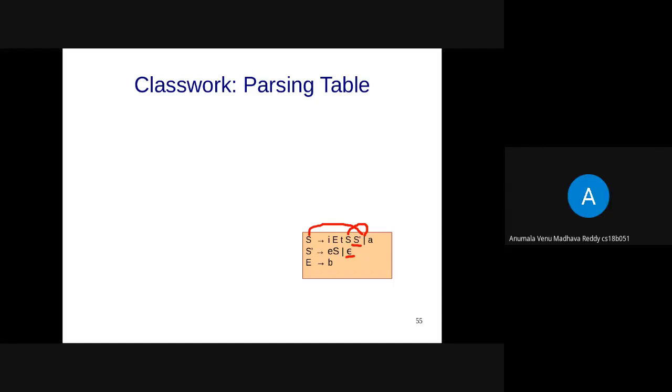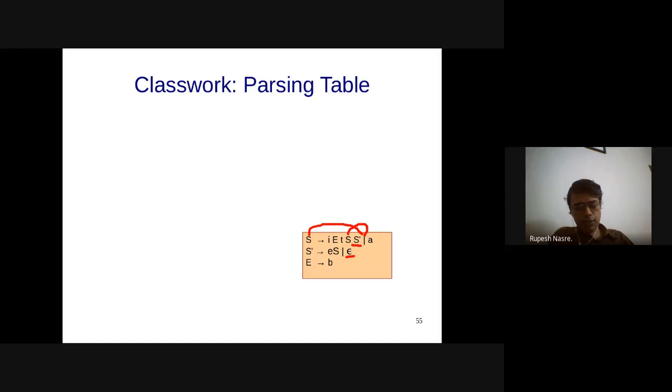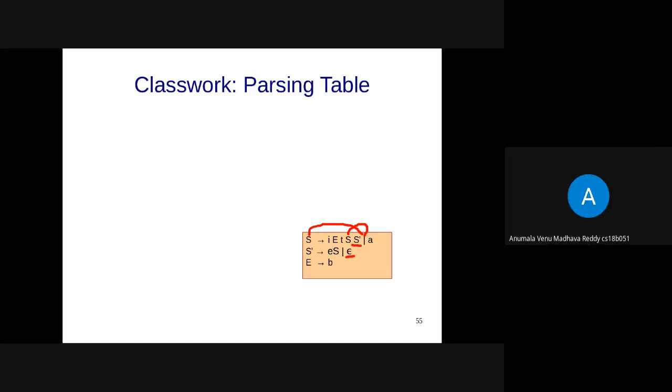Sir, because we saw a rule when A gives epsilon, first of A and follow of A should be disjoint. Okay, that seems fine. So follow of S prime and follow of S should be disjoint.